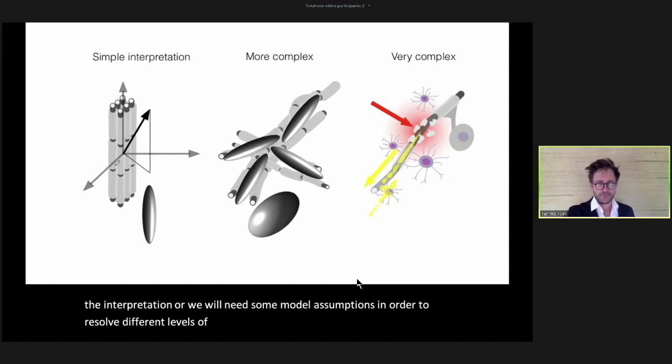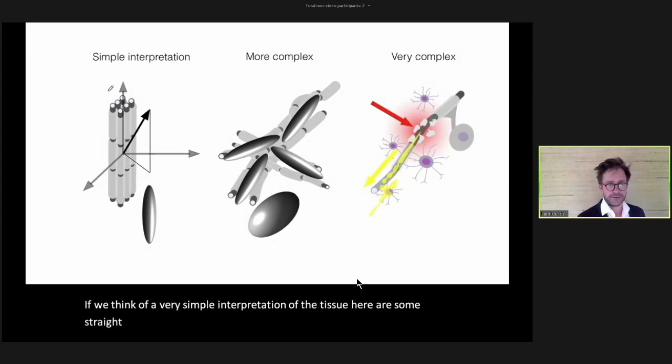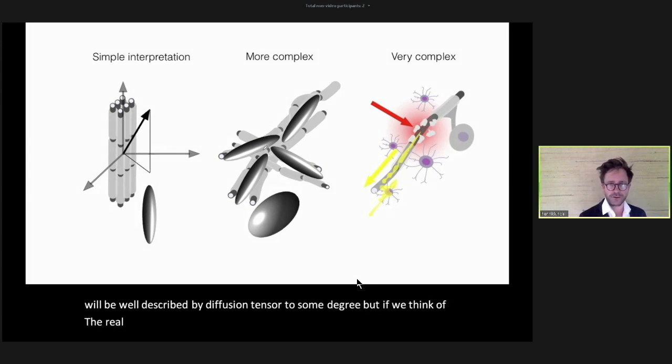So if we think of a very simple interpretation of the tissue, here are just some straight cylinders representing the axons. We can think that this system will be well described by a diffusion tensor to some degree. But if we think of the real tissue, it's probably going to be more complex. We are going to have fibers crossing, bending, and maybe fibers of different constitution.